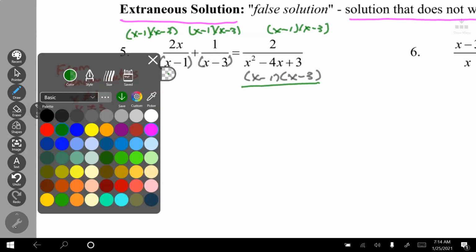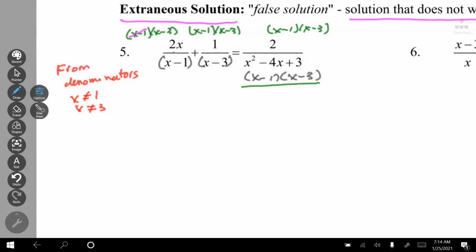Now some things cancel out. In the first fraction, the x minus 1's cancel out. In the second fraction, the x minus 3's cancel out. In the last fraction, they all cancel out. I'm left with 2x(x - 3) from the first fraction, plus (x - 1) from the second fraction, is equal to 2.